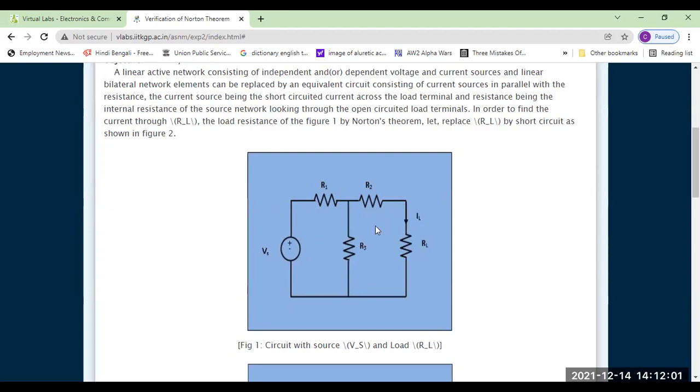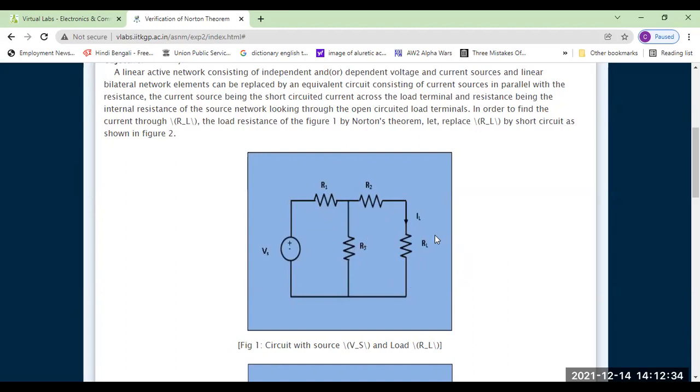Okay, so if this is a circuit, we first have to remove this load resistance. This is RL. You can see here it is showing RL. So RL is removed, then we short this, and we can get an equivalent circuit which consists of a current source in parallel with an equivalent resistance, called the internal resistance, or you may call it the Norton resistance.